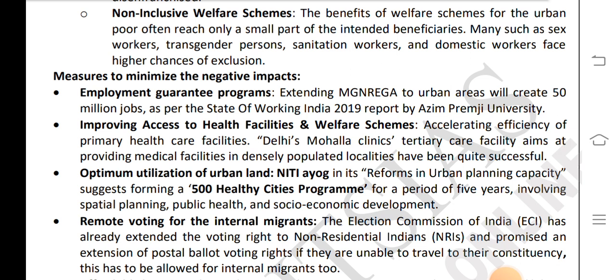accelerating the efficiency of primary healthcare facilities and tertiary care facilities. Delhi's Mohalla Clinics, providing medical facilities in densely populated localities, have been quite successful.